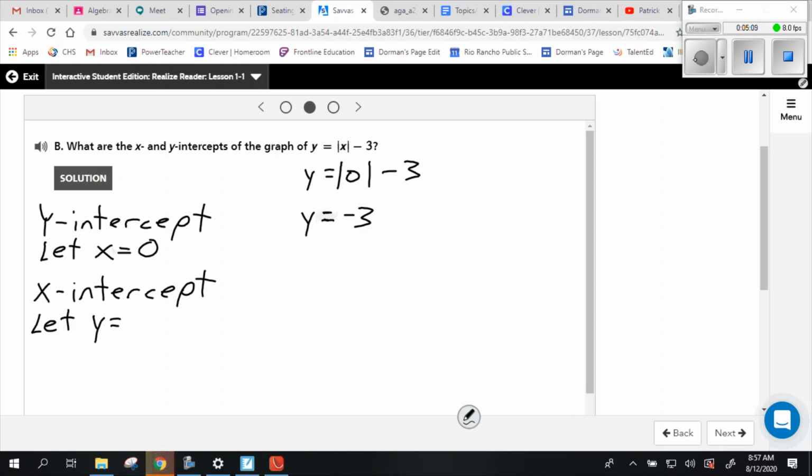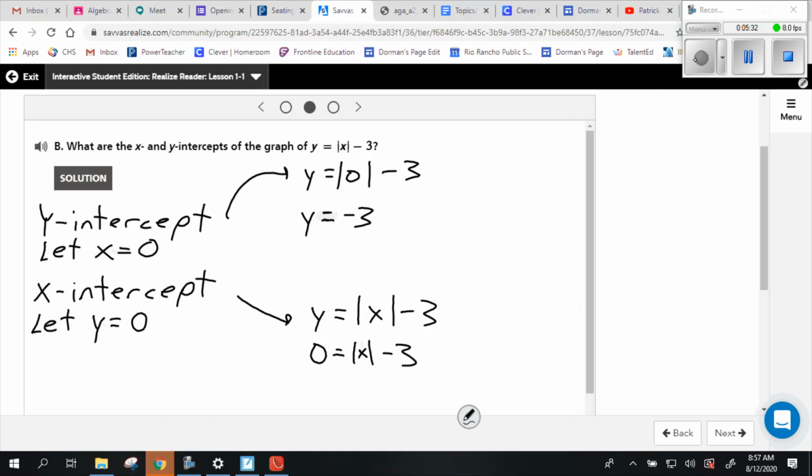So this was finding our y-intercept. Let's go ahead and find our x-intercept. I'm going to rewrite the problem here: y equals the absolute value of x minus 3. So let's let y equal 0 now. I'm going to substitute 0 in for y.